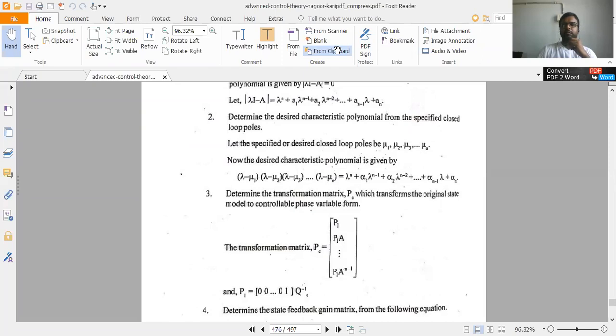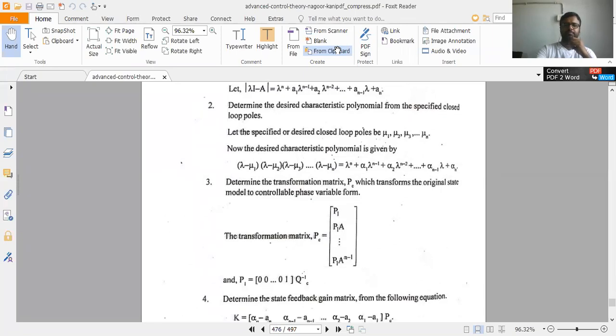P1 is a row matrix consisting of all elements 0 except the last value, which should be 1, and the P1 row matrix has to be multiplied with the inverse of the controllability matrix.